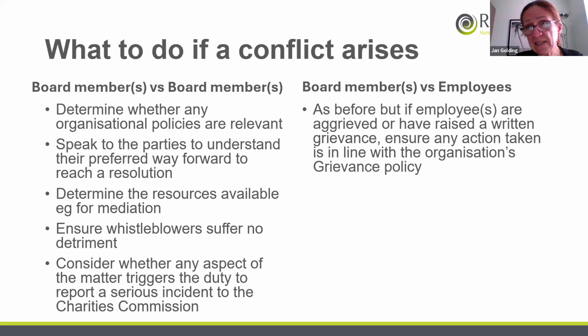We so rarely see these. Sally was talking earlier on about codes of conduct for boards. We so rarely see them in practice, but they are very, very helpful if you've got them. A real good fallback in this situation.